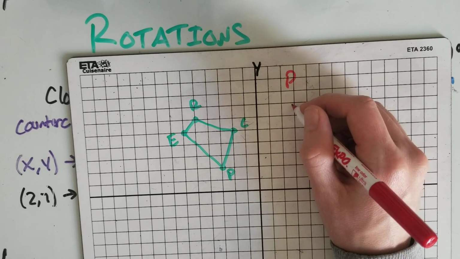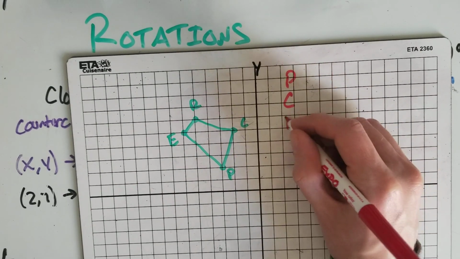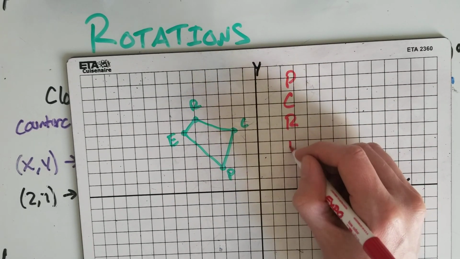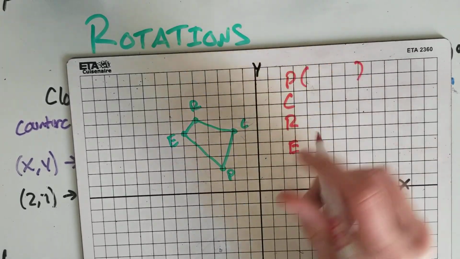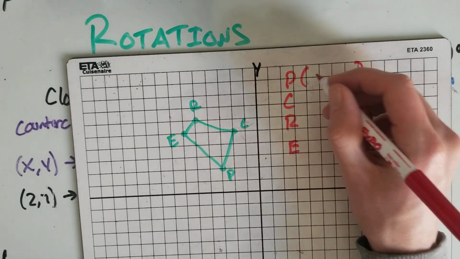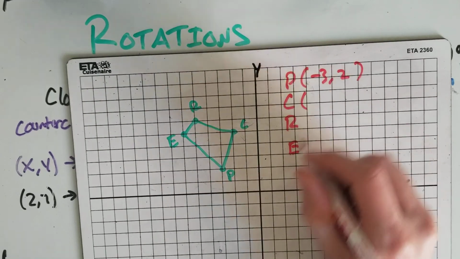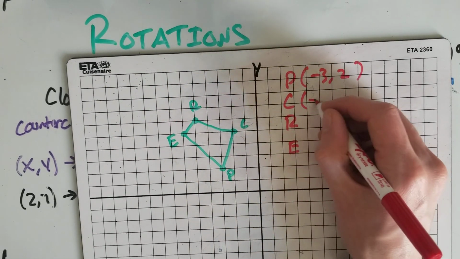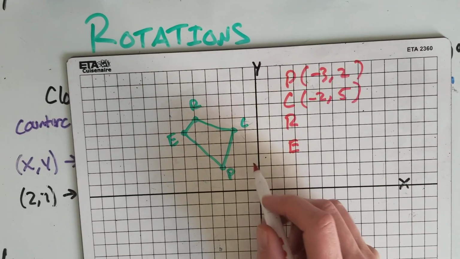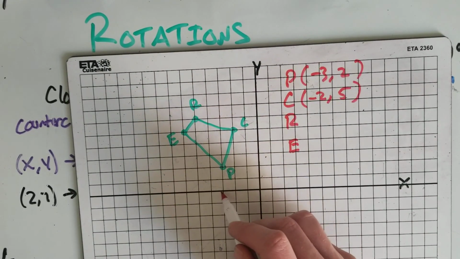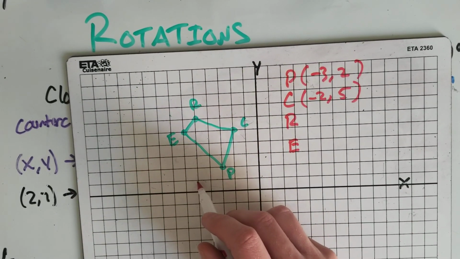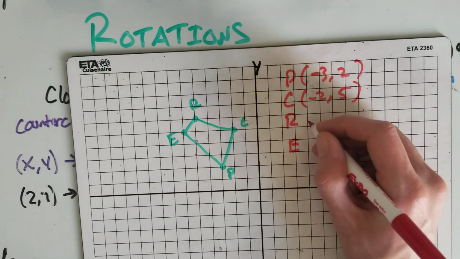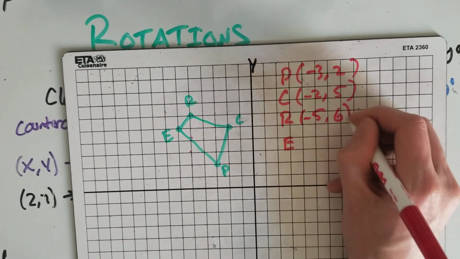We're going to have P, C, R, and E. So P, we have (-3, 2). C, we have (-2, 5). R, we have (-5, 6).